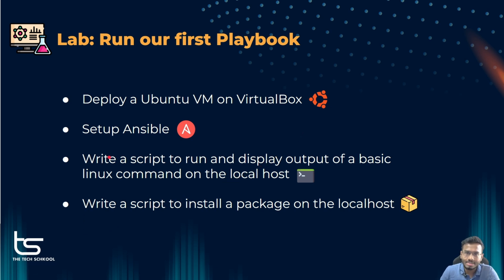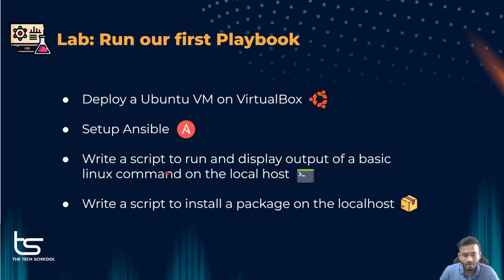So these are the tasks that we are going to do inside our lab. First, we are going to deploy a Ubuntu VM on VirtualBox. If you are not aware about what VirtualBox is, I will explain in a bit. Second, after setting up the Ubuntu VM, we are going to set up Ansible inside the Ubuntu VM. Then, there are two tasks that I have assigned for this lab.